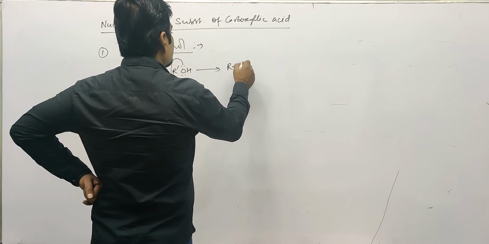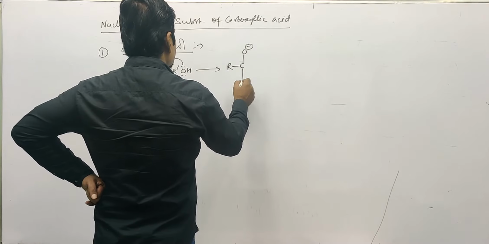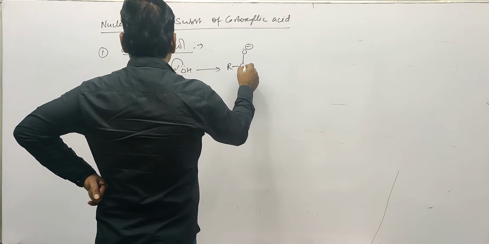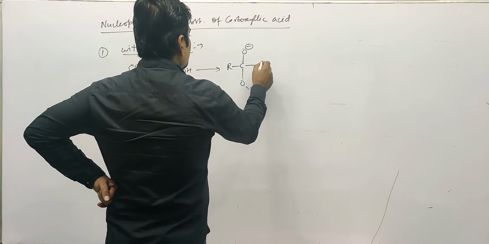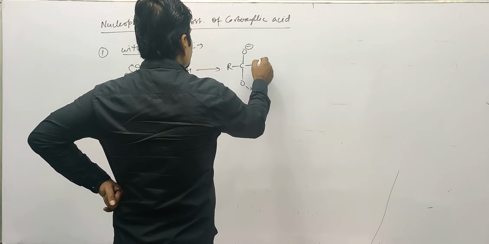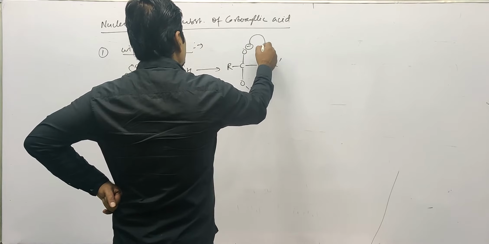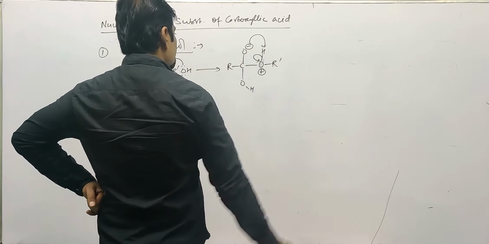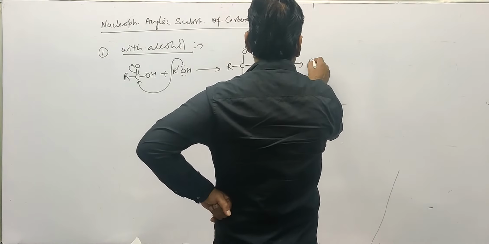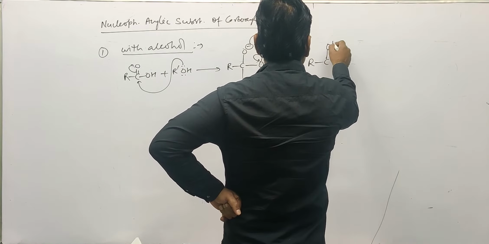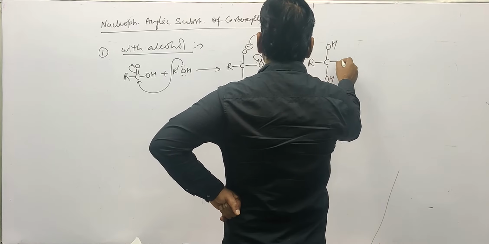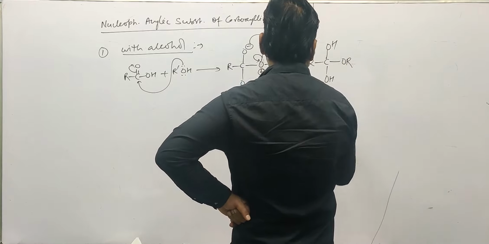So this will be RCO minus, over here OH, and R'OH. This minus will accept this H plus, becoming RC(OH)OH, and this is OR'.